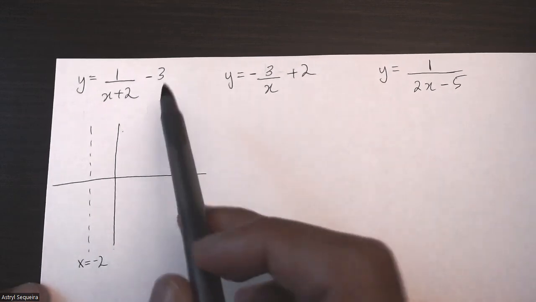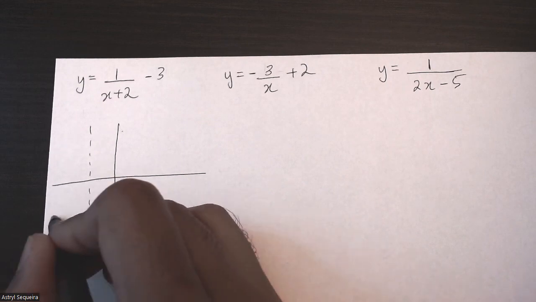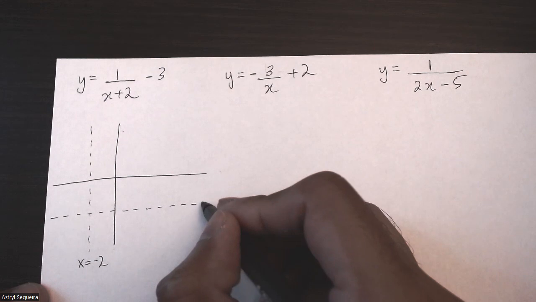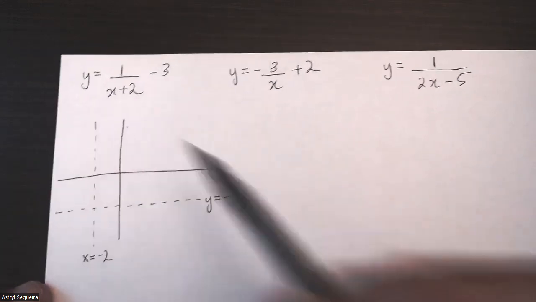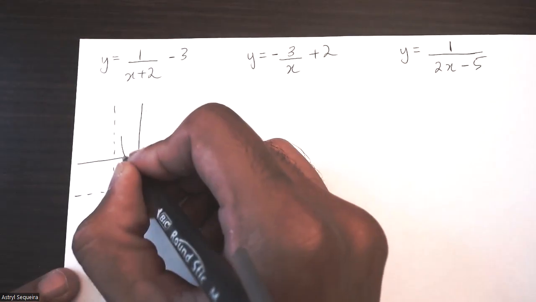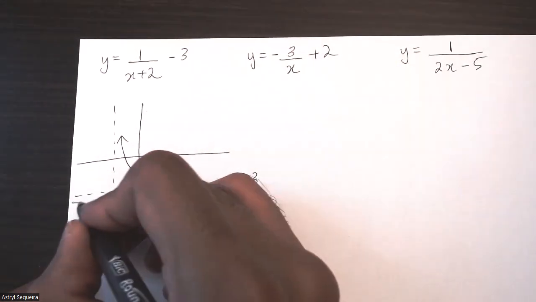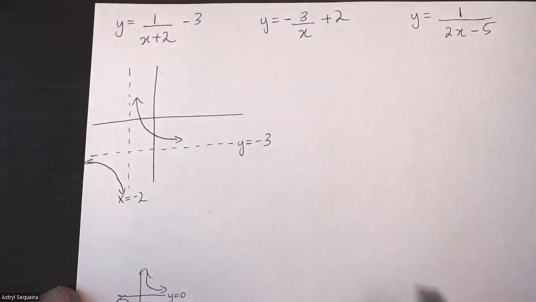And my horizontal asymptote is going to move 3 units down. That's going to be y equals -3. And then there are no reflections in this one, so I'm still in my two original quadrants. So that one and that one right there.